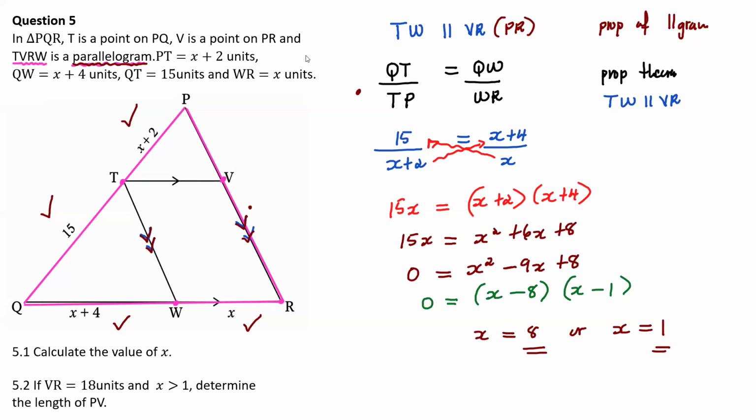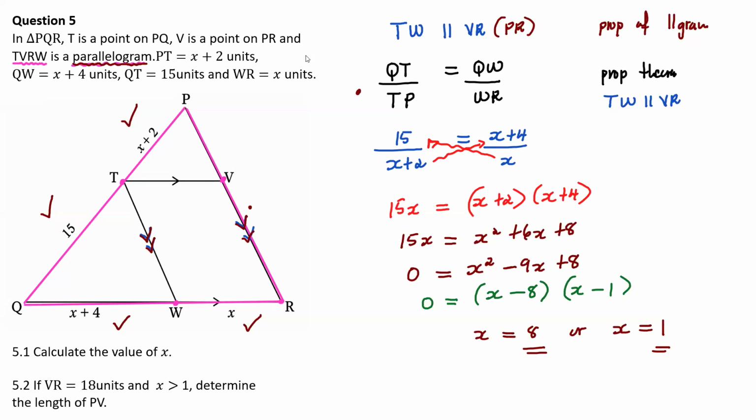Now, somebody's asking how do you know which value to use for the following question? Let's see how that goes. For 5.1, you just write them as they are. 5.2 then specifies which one they want. So for 5.1, you just put both of them and that's it.